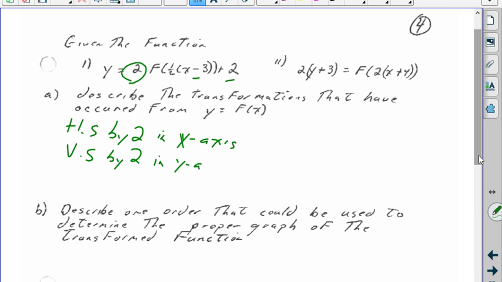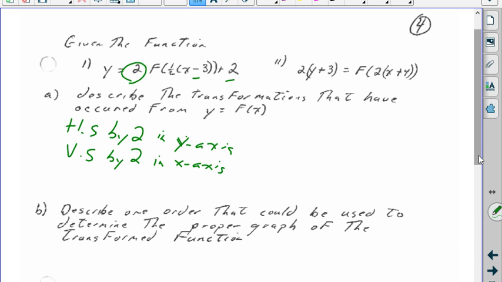Oopsie, I messed up. My axis is wrong. This is the y-axis, and this is the x-axis. Habit of doing things, making mistakes like that.